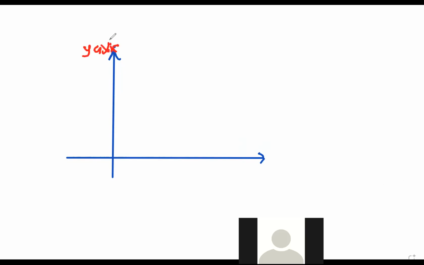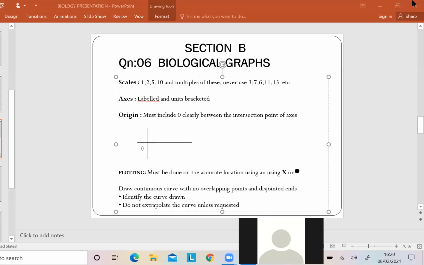He also indicated this one as x-axis. It is not wrong if you indicate that, although it is not penalized at that level, it is just a sign of somebody who is organized, somebody who is doing the right thing, although it may not give you marks, but that is the correct thing to do. I hope you are well coordinated.